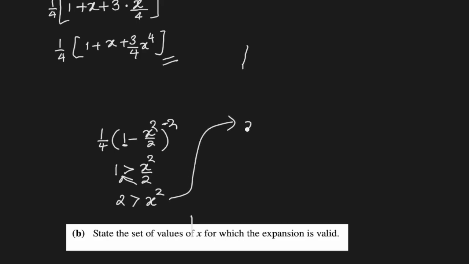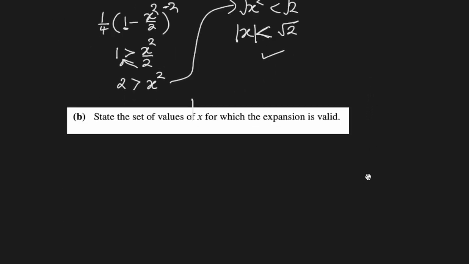We can rewrite here x square is less than 2, square root both sides. So x will be less than square root 2 only, not plus minus. I'm not writing plus or minus here. Usually when we square root we do this, but this is an inequality. So what can we do? We can write an absolute sign here. It means that for both plus and minus, this is the solution. So this is your final answer.